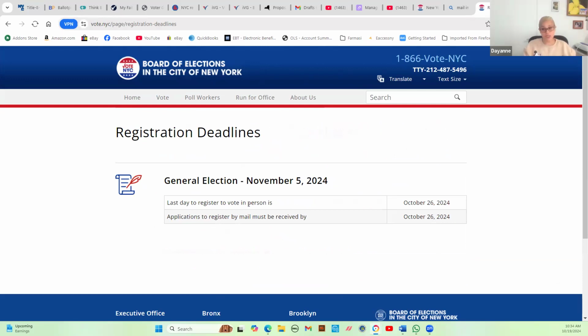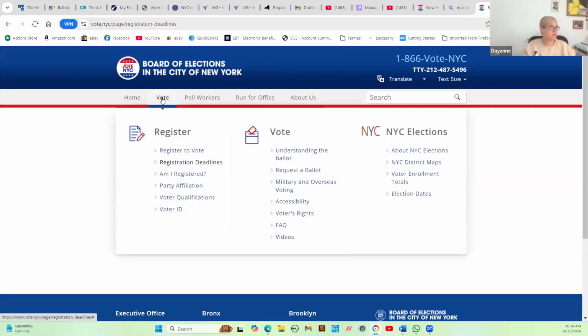Okay, registrations by mail can still be received by October 26th. Okay, after that, no citizen will be able to vote by November 5th because you're passing this deadline and they're telling you this is the deadline that you have. Okay, so let's go here.